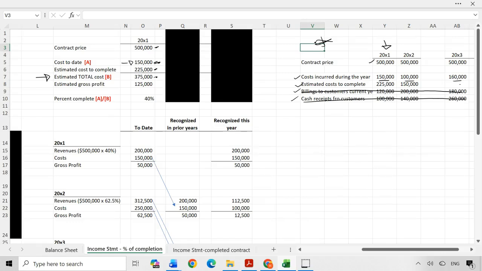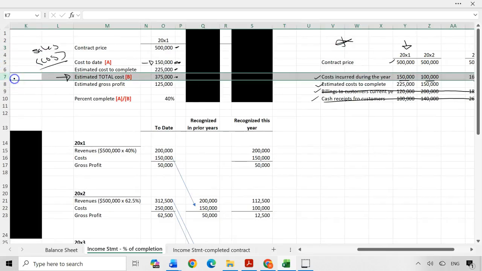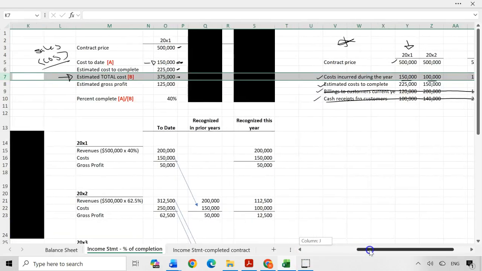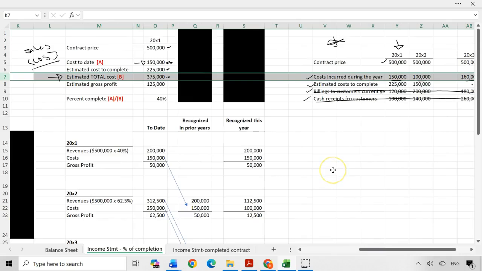If you recall, gross profit is sales minus the cost of sales. So if you take the sales price, the contract price of $500,000, minus the total cost that we expect to incur, $375,000, that will give us gross profit of $125,000.